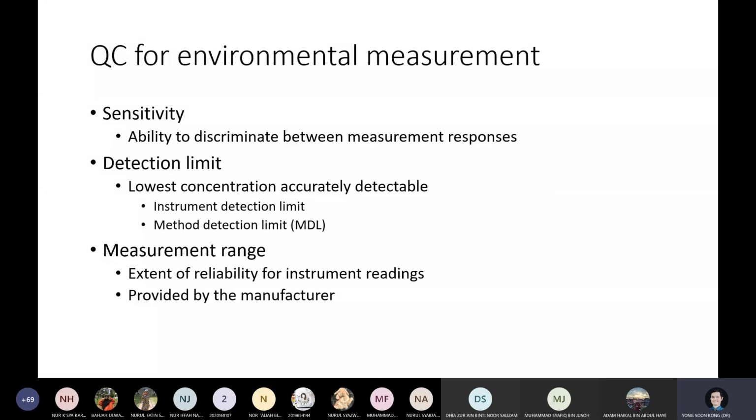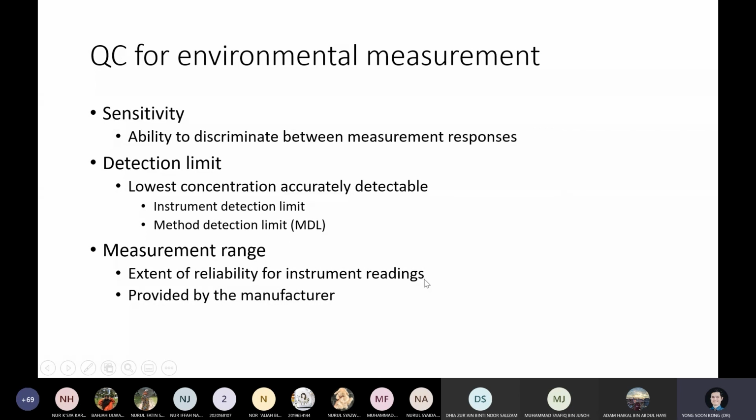Also, the detection limit depends not only on the instrument, but also on the methods, because some methods have limitations very similar to the instrument. And also the measurement range, the extent of reliability of the instrument readings. This is possibly not too applicable, because usually reliability depends on the instrument itself.